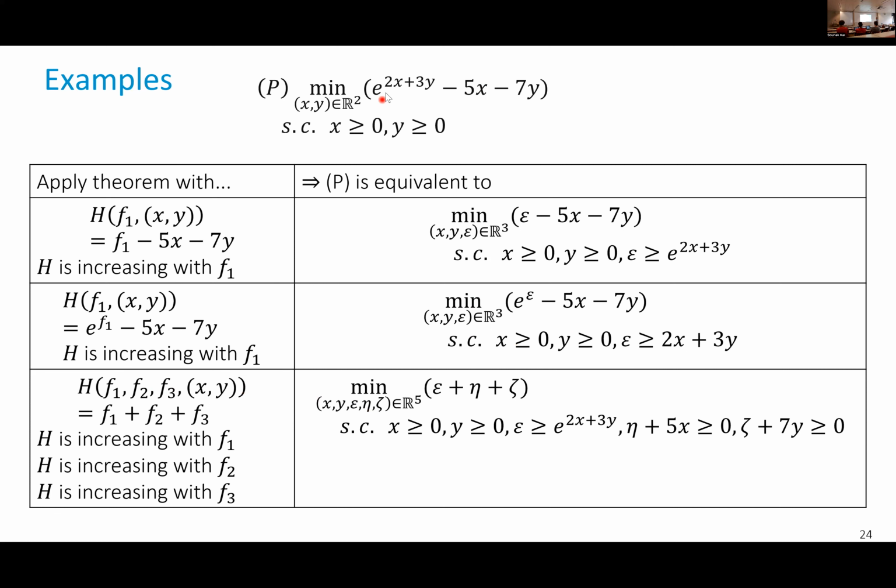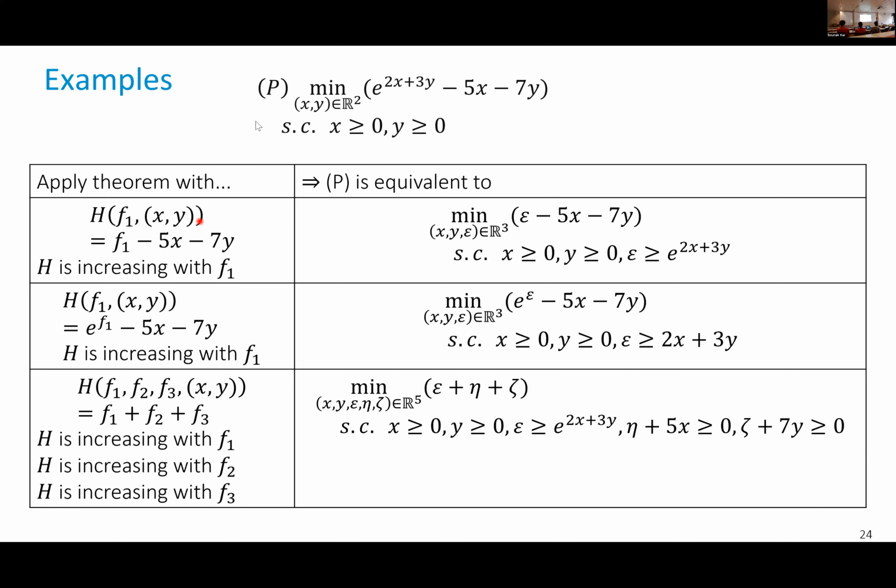So I consider that the objective function is the sum of three things, and each of those things is my term. So I consider that my objective function is f1 plus f2 plus f3, where f1 is this, f2 is minus 5x, and f3 is minus 7y. So I give this problem: minimize the sum of those three variables.